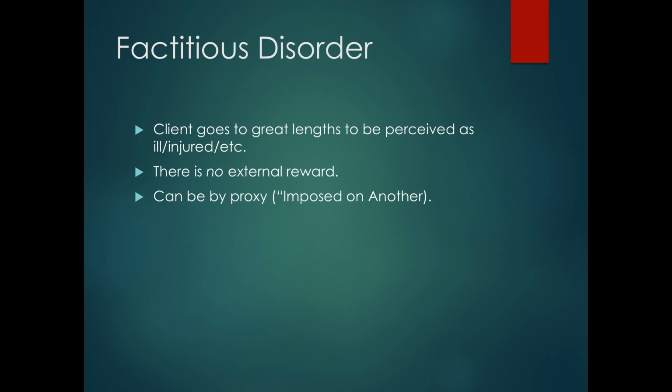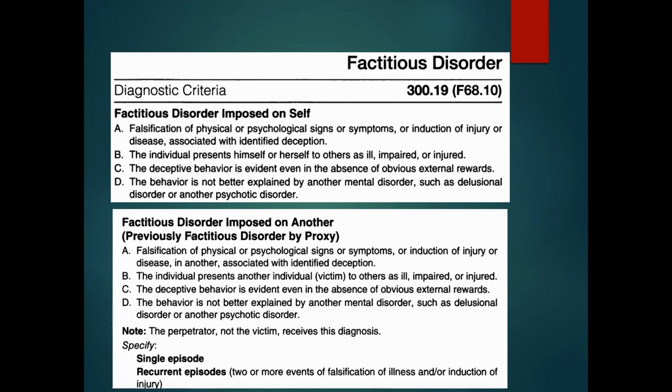There's none of that. It's done solely for the attention and validation of it all. And it can be imposed on another. That's the situation where I'm doing it to my spouse or my child. So looking at the diagnosis, falsifying physical or psychological signs or symptoms, induction of injury or disease.